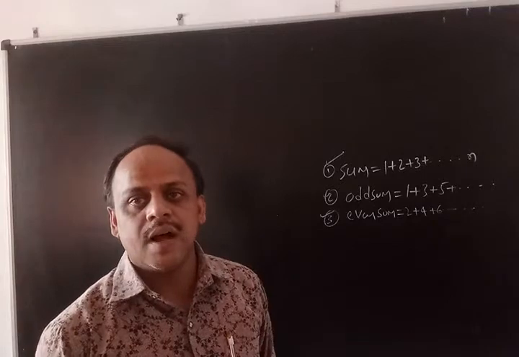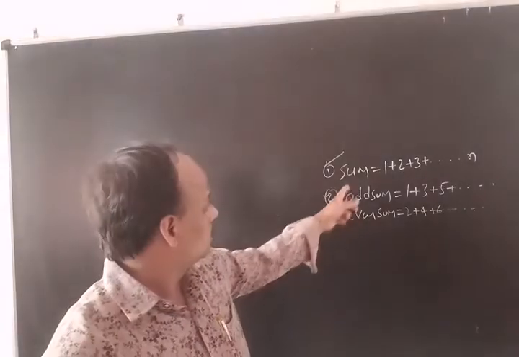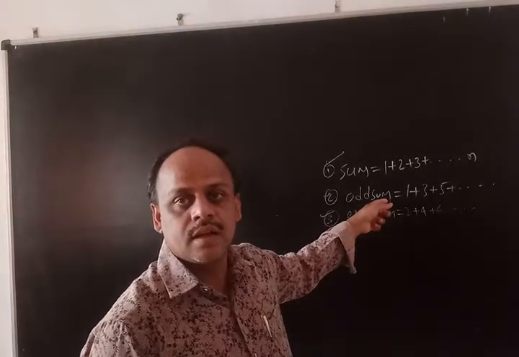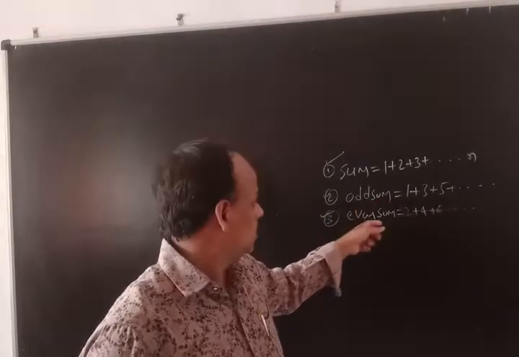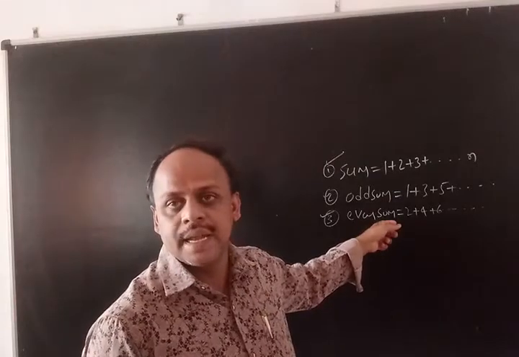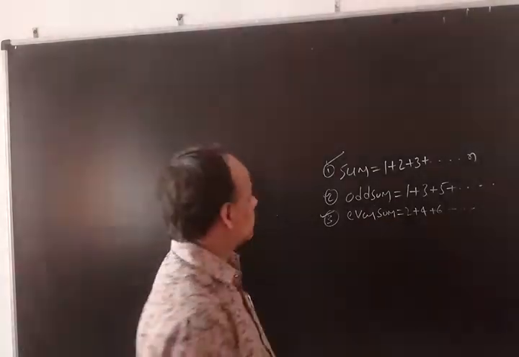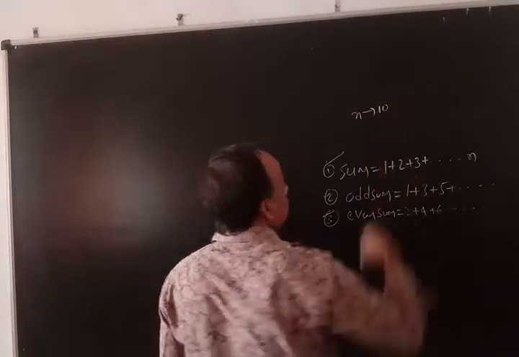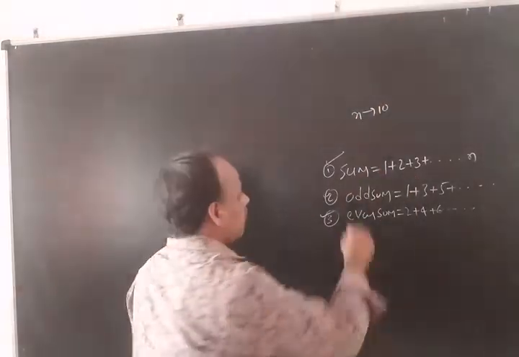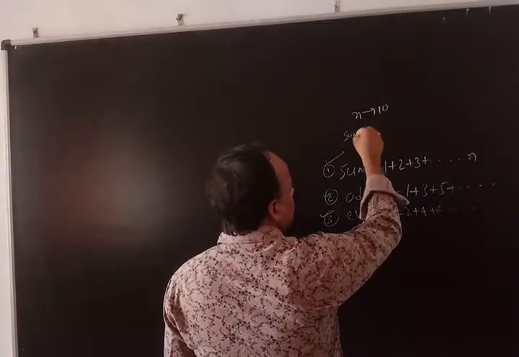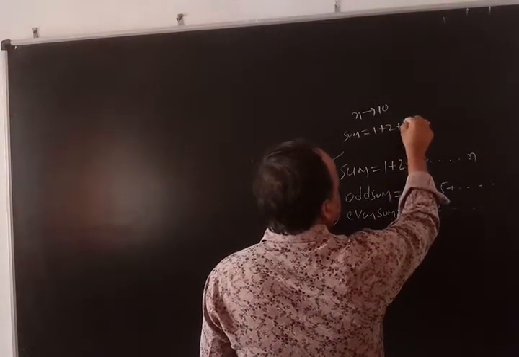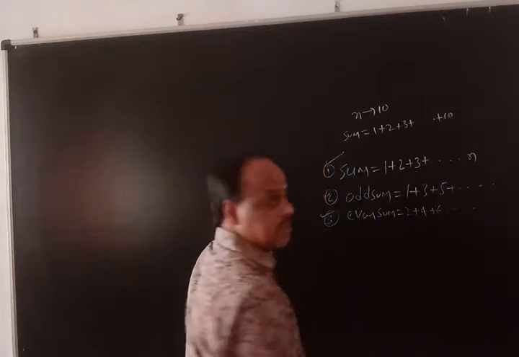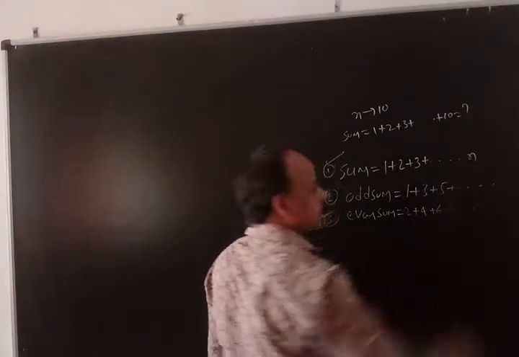Then afterwards we have to find the sum of the series, odd sum for that limit, even sum for that limit. For example, suppose n is 10, means we have to find the sum of natural numbers, 1 plus 2 plus 3 so on plus 10. How much do we have to find?